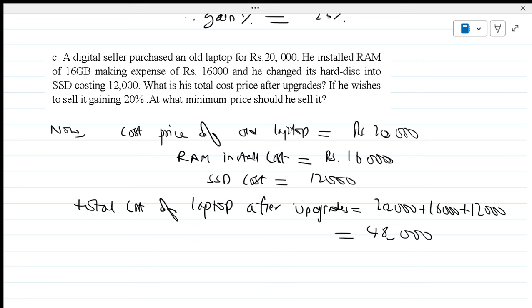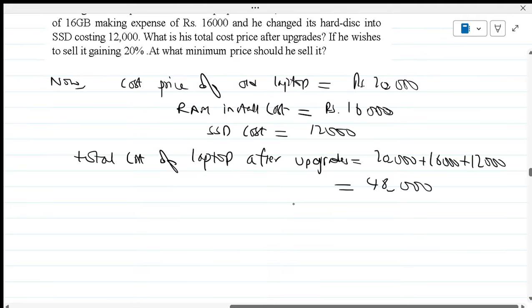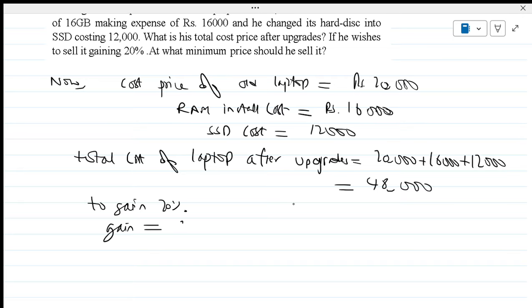And after identifying this, it said that he wishes to sell it at a gain of 20%. So what should be the selling price to gain 20%? To gain 20%, how much gain should we make? Let's see. Gain is equal to 20% of cost price.